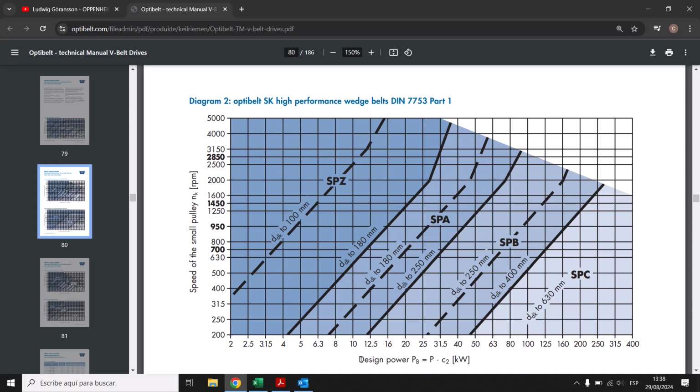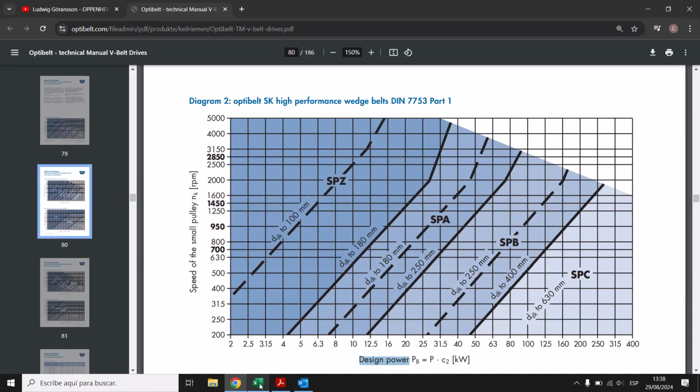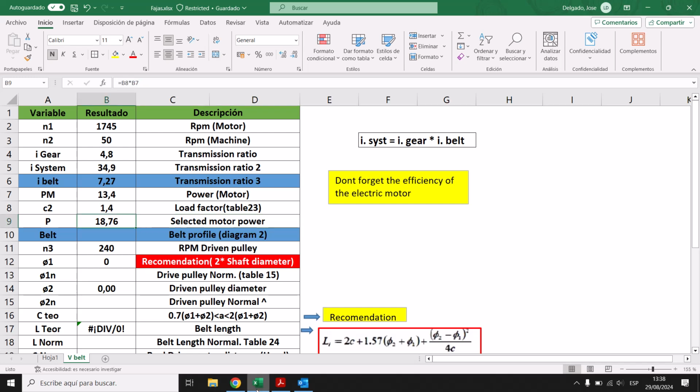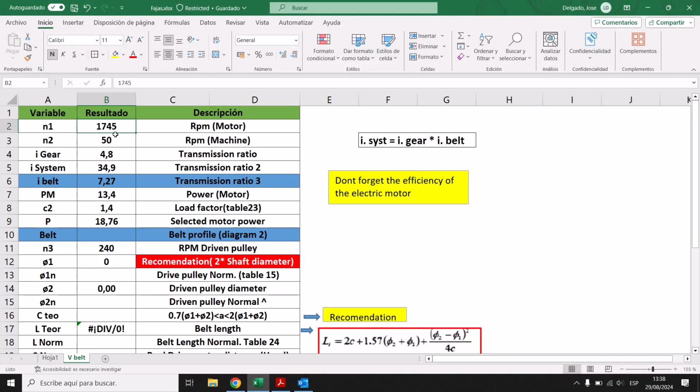As you can see, the design power, or well, I put the selected motor power right here. We have almost 20. We are here, and the speed of the small pulley is our first speed. Okay, or the drive in this case.